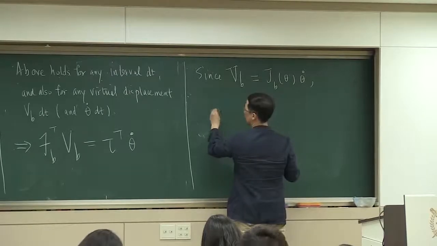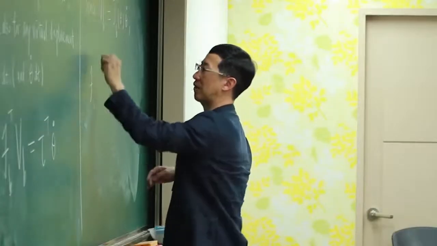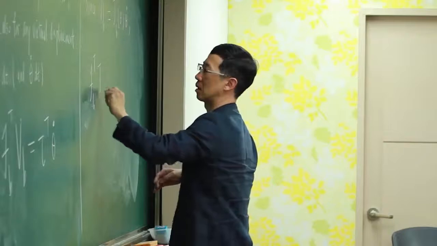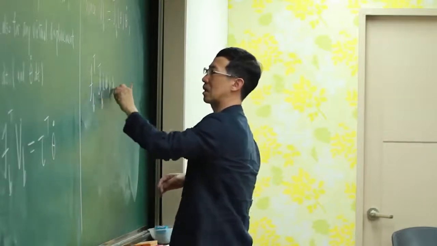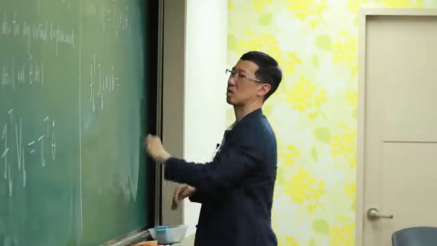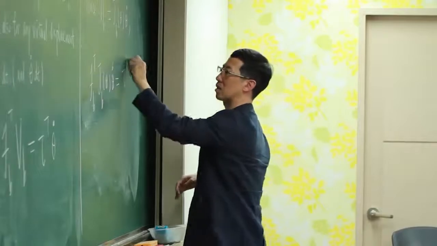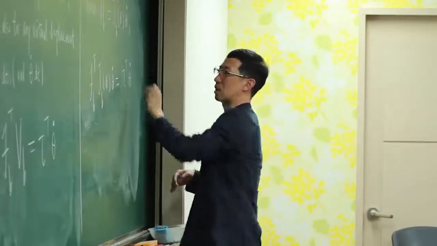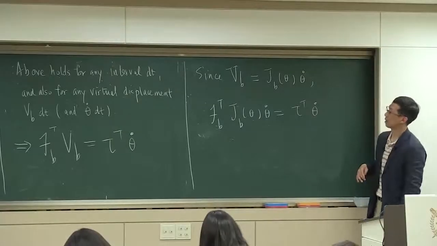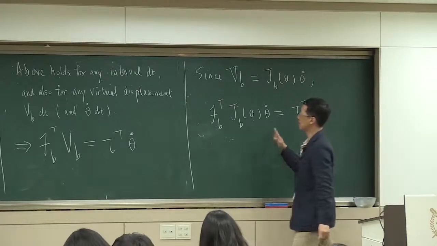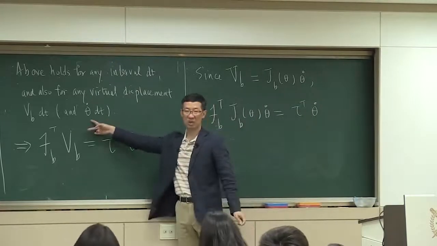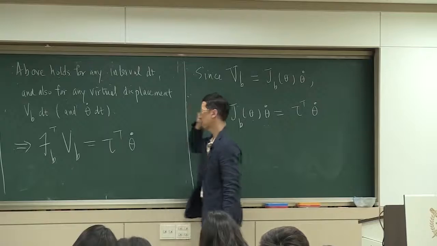We will get F_B transpose J_B theta dot is equal to tau transpose theta dot. And remember, this has to be true for any virtual displacement theta dot dt.